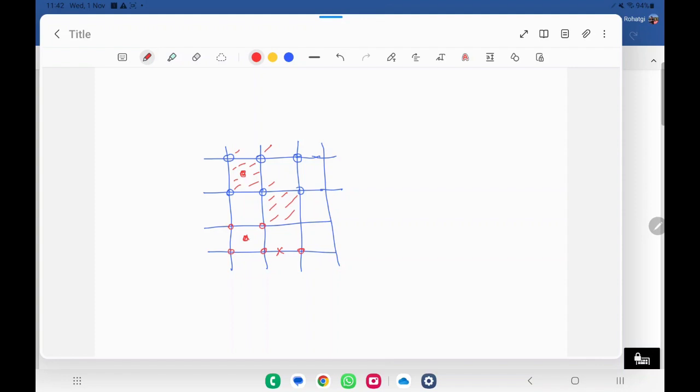Or in another case, suppose you are finding the values at this point, this point, this point, that is the center of the cell, and anywhere else you want to find the value. Suppose you want to find the value at this point, you can find the average of these two.